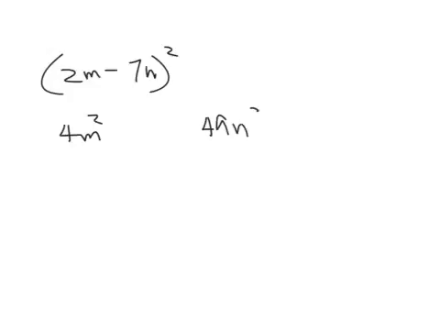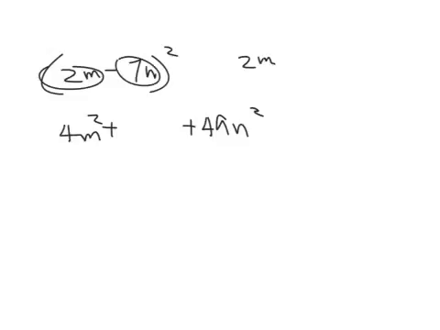24. 2m minus 7n quantity squared. Square the first term, square the second term, put a plus, multiply those two together.